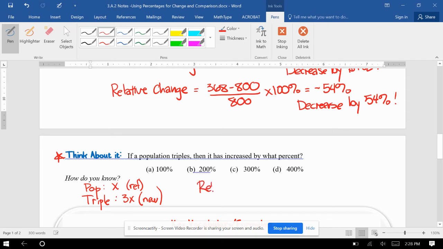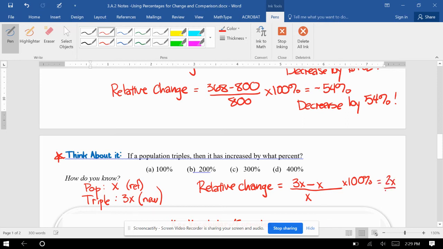So the relative change equals, I'm just writing it down here so we have room. I'm going to do my new value, 3x, minus my reference value over my reference value. 3x minus x, well, that's going to give me 2x.